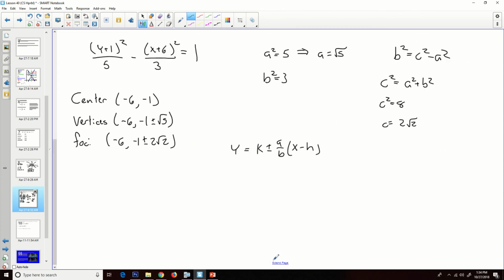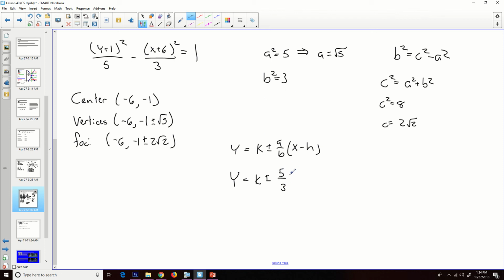And we've got all those values, so y equals, our k is still -1, our a is square root of 5, that should be plus or minus.